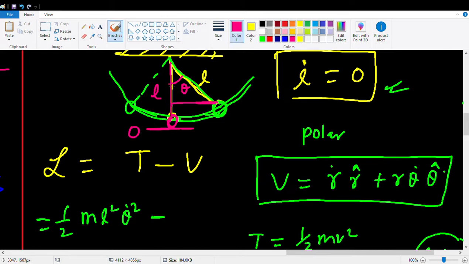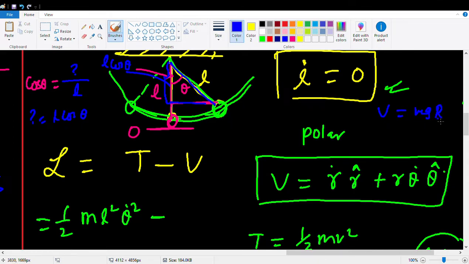For this I can use cos theta. Cos theta is nothing but the base over the hypotenuse, and the base of this triangle is this one, over the hypotenuse, that is L. So the base can be given by L cos theta. So here I have found L cos theta. Now the whole thing is given by L, so the potential can be written as, because you know the potential is nothing but mgh.